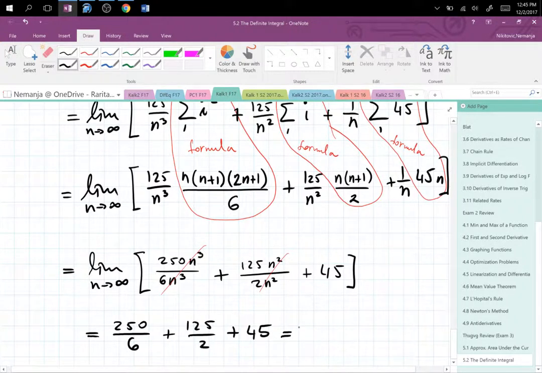So now you can punch that into your calculator. And get 149 and 1/6.